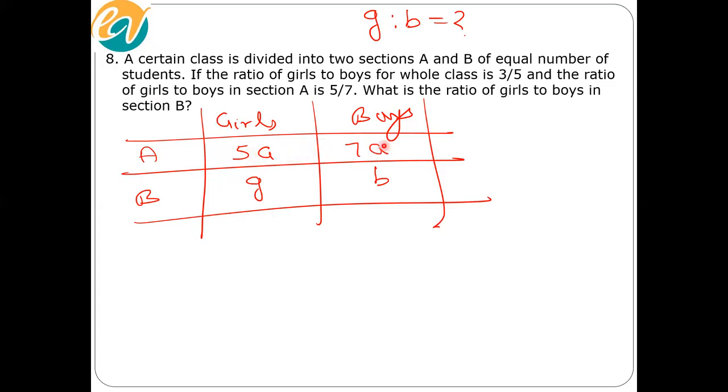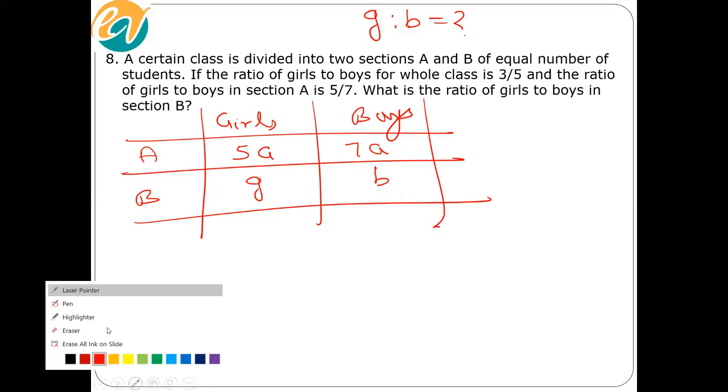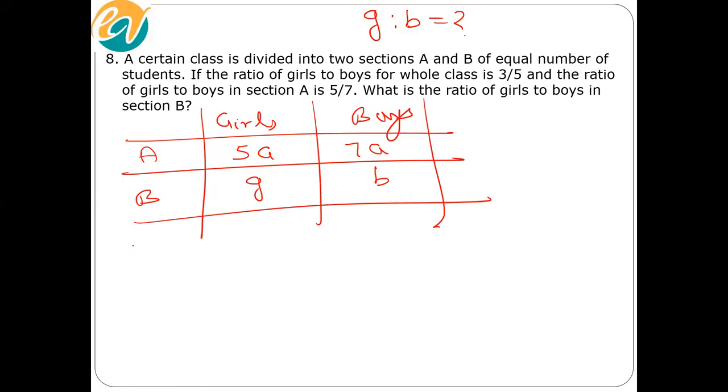So total number of students in section A would be 5A plus 7A. Total number of students in section B would be G plus B. But then 5A plus 7A is equal to G plus B, correct? Which obviously means that G plus B is equal to 12A. This is the first equation.